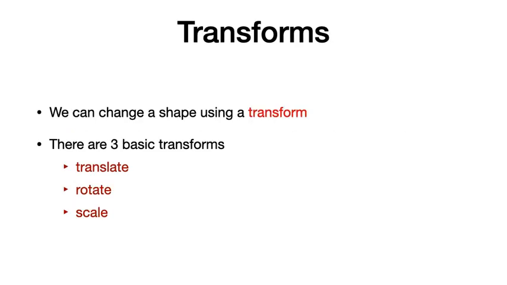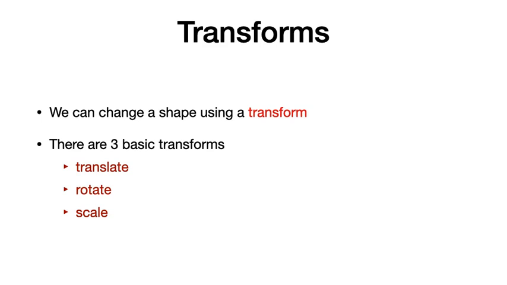Another thing that will help us make complicated drawings simpler is transforms. Transforms allow us to change the position, orientation, and size of any part of our drawing. They will be specified using an attribute called transform. Inside the transform, we will have three basic ways of transforming.